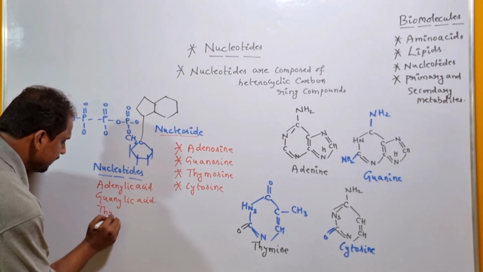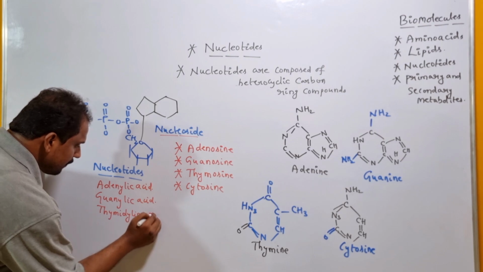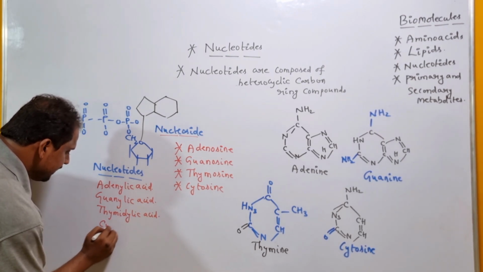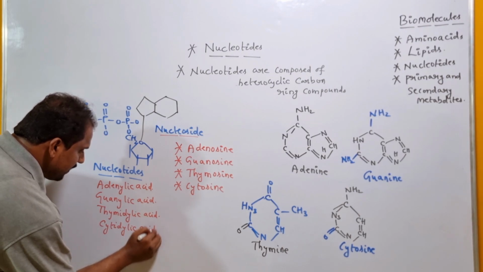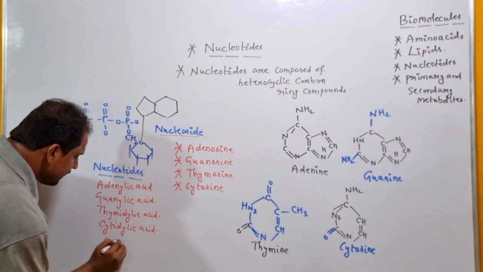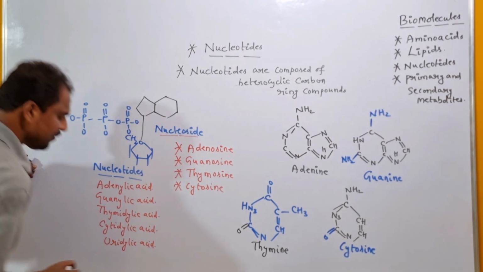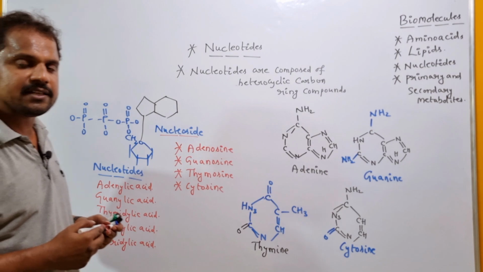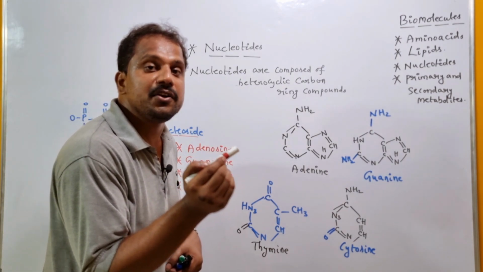Thymidylic acid, cytidylic acid, and uridylic acid. Once all these nucleotides aggregate together, it leads to the formation of what? Nucleic acid.